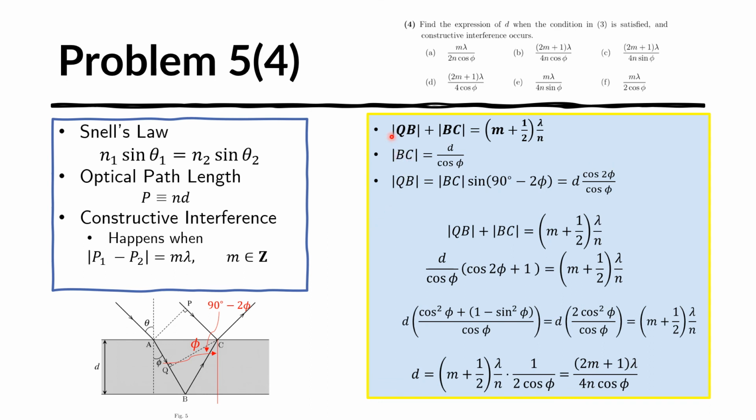We rewrite the condition for constructive interference, this into this, and then we replace this with this, and this with this. This is what we obtain. We notice that from trigonometry, we know that this expression is equal to the square of cosine phi minus the square of sine phi.